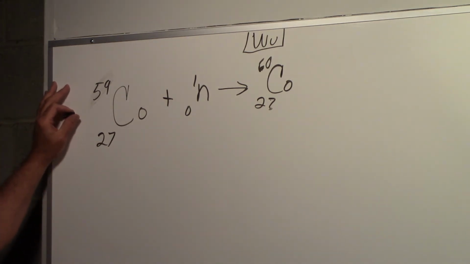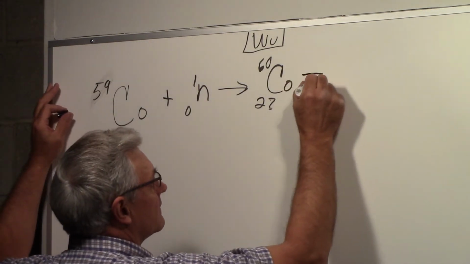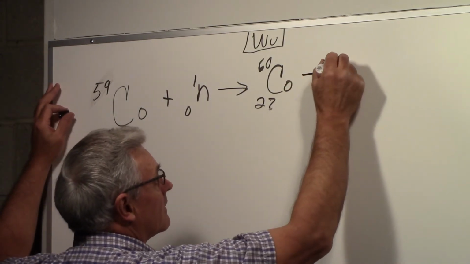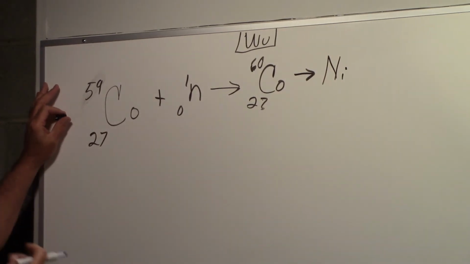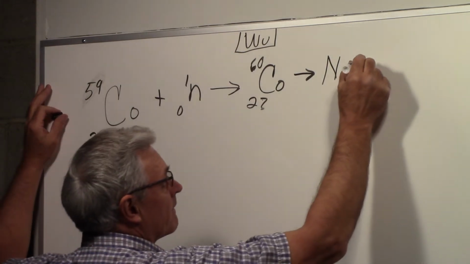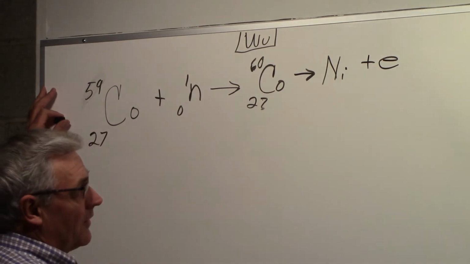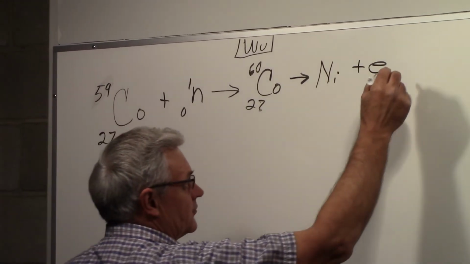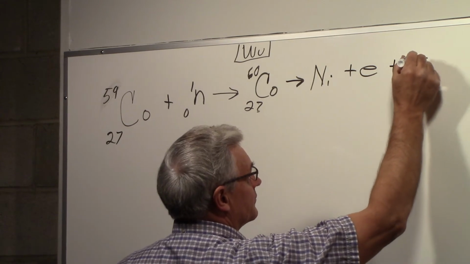Cobalt 60 is radioactive. It's going to decay into nickel, and it decays by beta particle emission. So we get an electron, and also a neutrino, an anti-neutrino, an anti-electron neutrino.